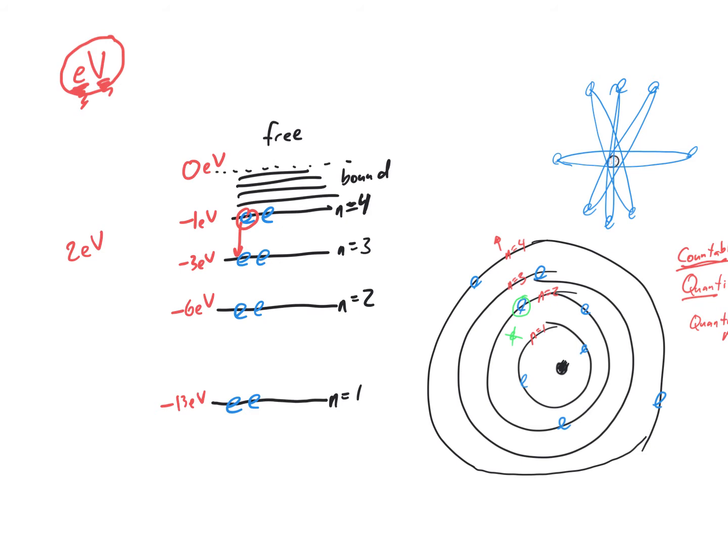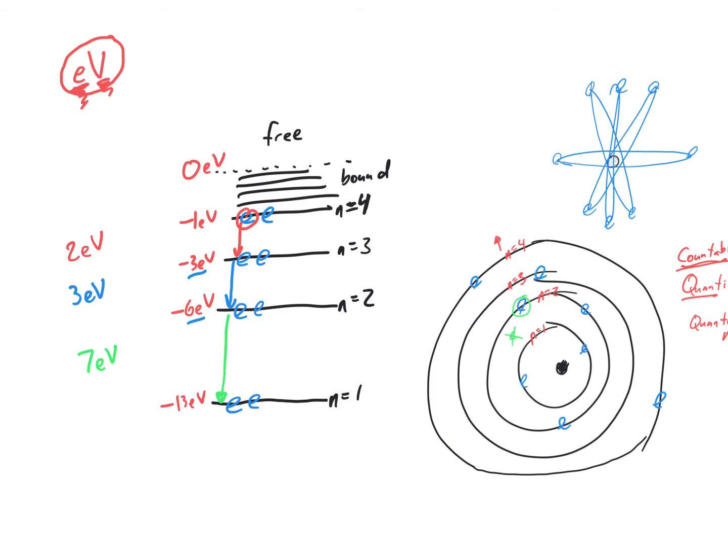My drop from n equals 3 to n equals 2, that's from -3 eV to -6 eV. That is a 3 eV drop. Next, from 6 to 13, that is a 7 eV drop. And then there's other drops that are possible.